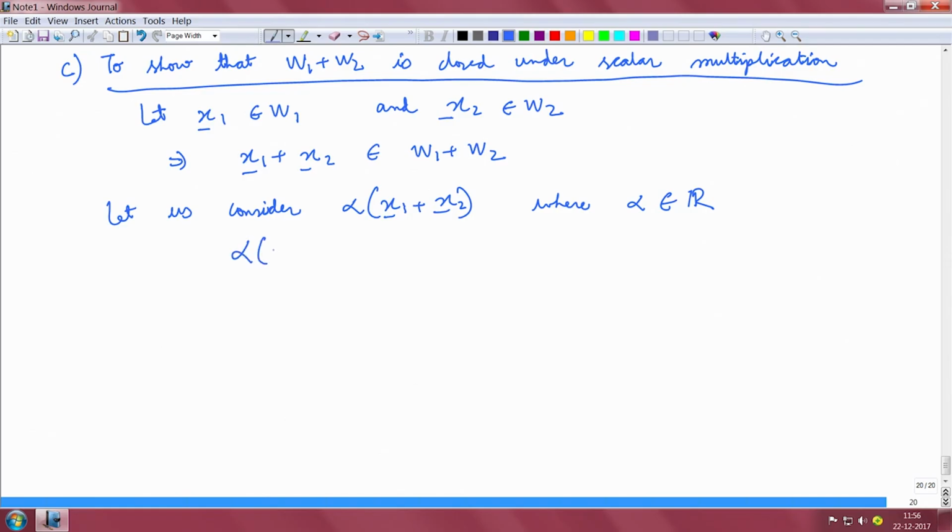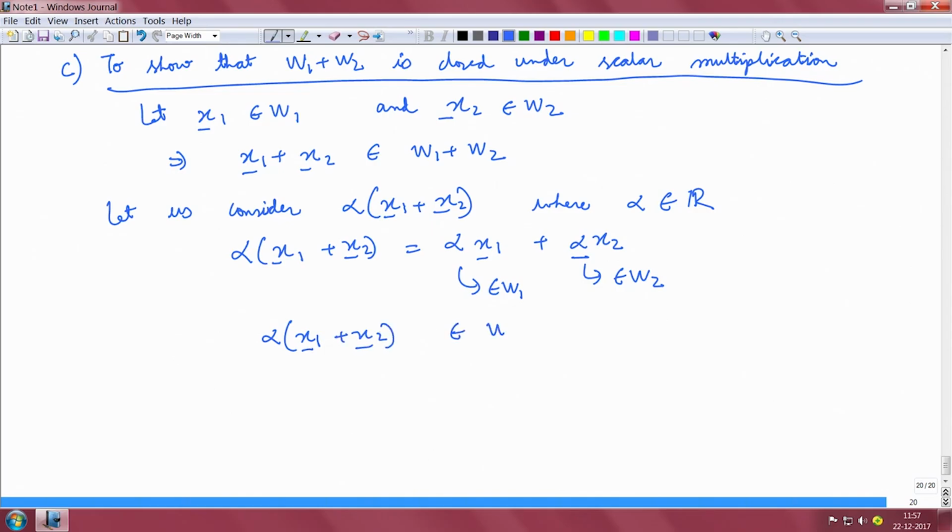Now, alpha times x1 plus x2 can be written as alpha x1 plus alpha x2. This alpha x1 belongs to W1 because W1 is a subspace and it should be closed under scalar multiplication. Similarly, alpha x2 belongs to W2. So, the vector alpha x1 plus alpha x2 belongs to W1 plus W2.